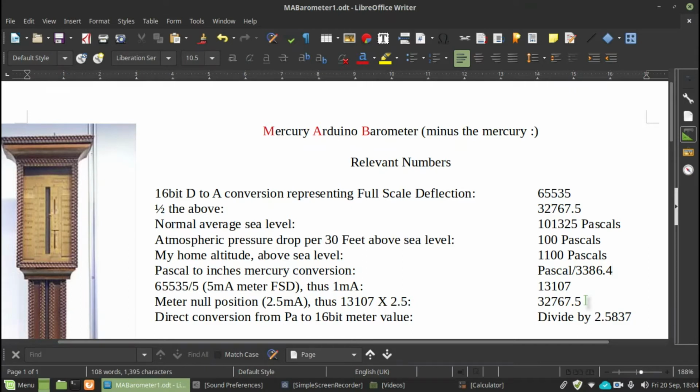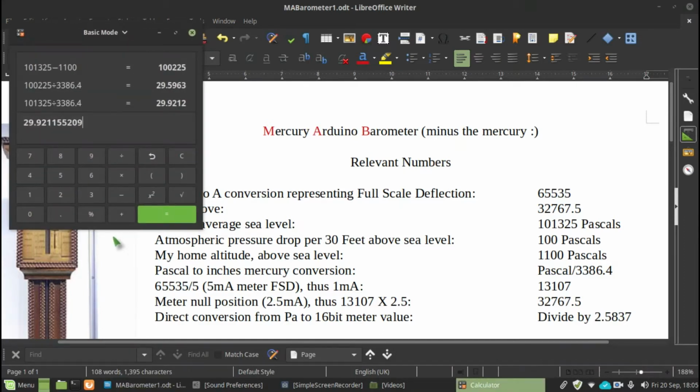Hopefully, anyway. The final item on the list is direct conversion from pascals to a 16-bit meter value. Well, let's try that. Let's bring up this calculator again, and what have we got?